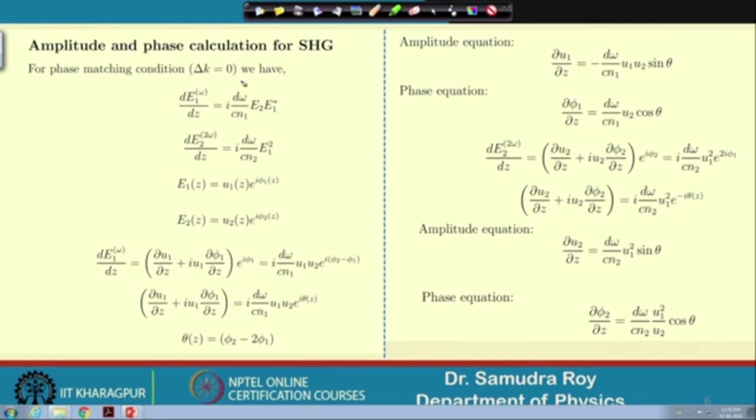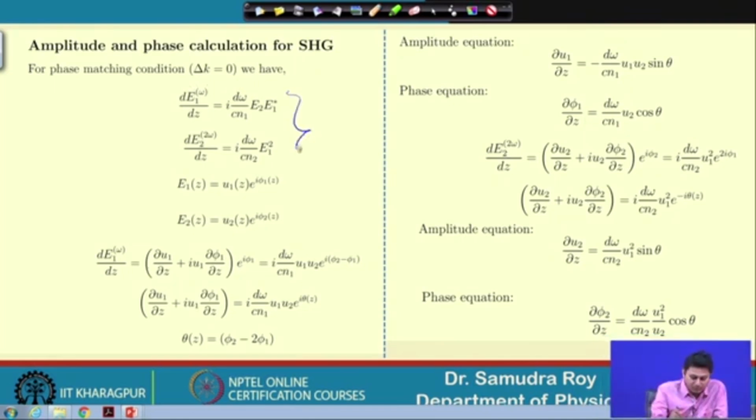Under the phase matching condition delta K equal to 0, we have two equations, and both are coupled to each other. In order to find E2, initially we took E1 as a constant and then integrated. When we integrated, we found that E2 is proportional to Z, or the power is proportional to Z square.